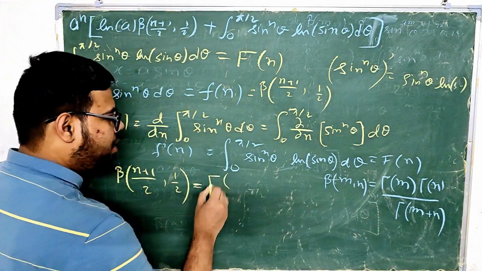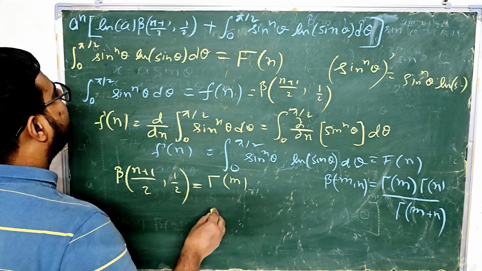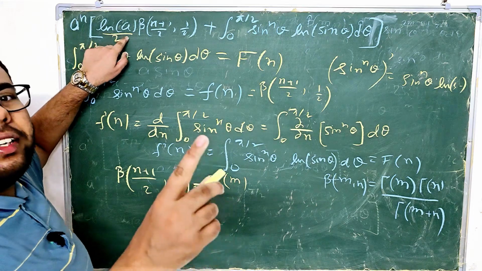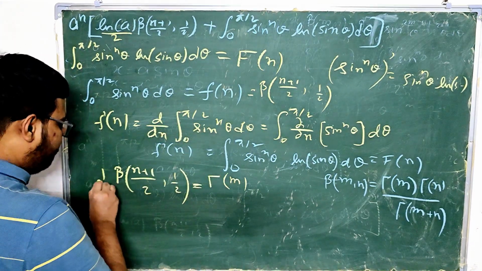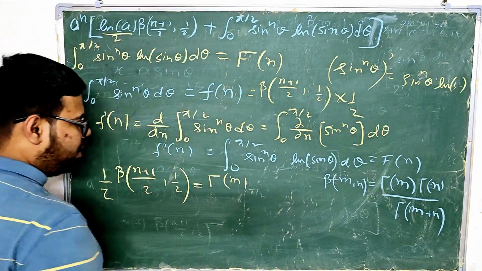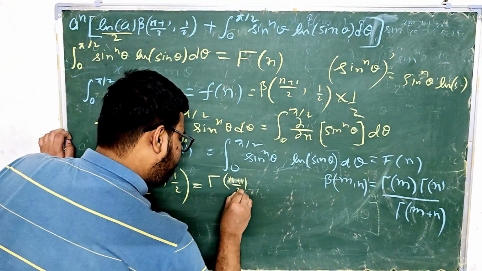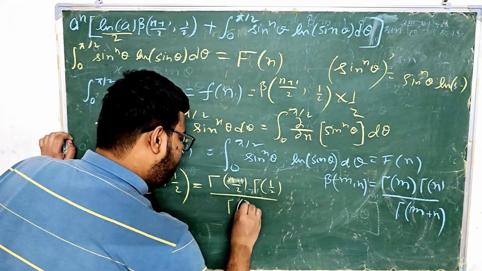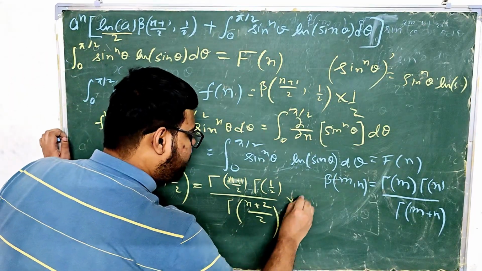So you will have gamma of m, of course there should be a divided by 2 also. Sorry, I forgot to write divided by 2 because there we had a 1 by 2 also, right? So over here also it will be 1 by 2 times this value. Okay, I'm really sorry for that. Times gamma of n plus 1 by 2 times gamma of 1 by 2, divided by gamma of n plus 1 by 2 plus 1 by 2, which is n plus 2 by 2.